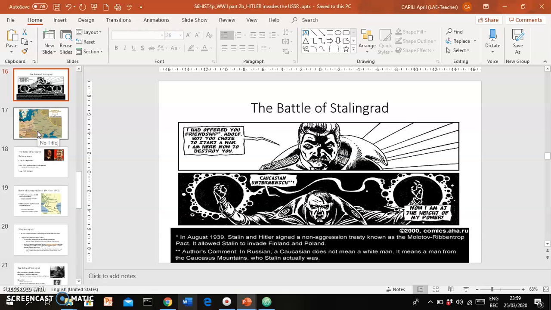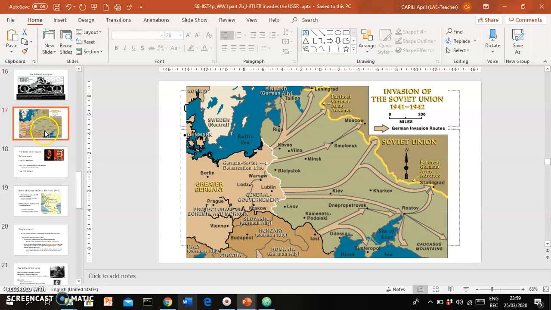Just as a quick review of what we've seen so far. You can see here a map of Germany and parts of Russia, and it shows you the multi-pronged, multi-directional German advance.